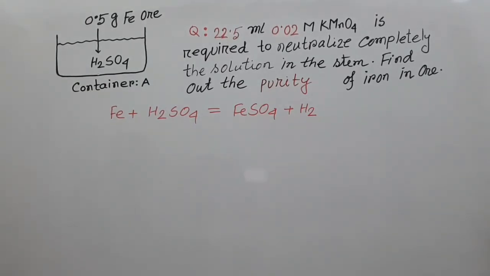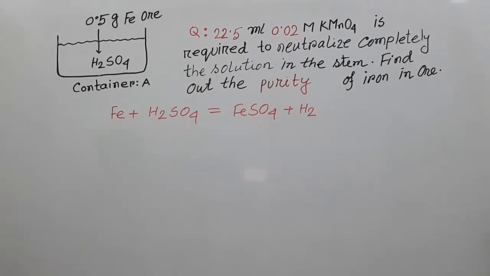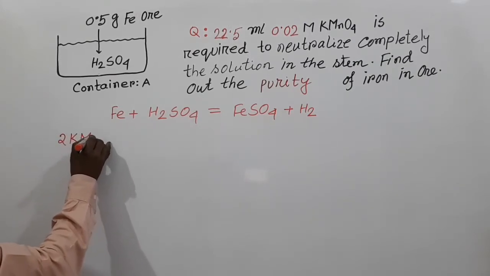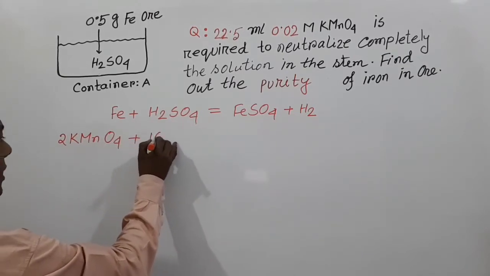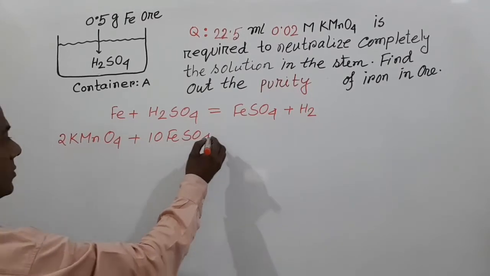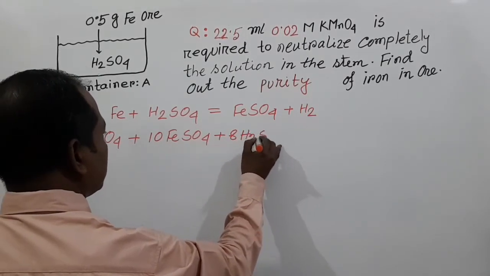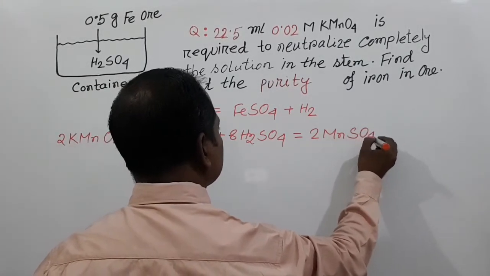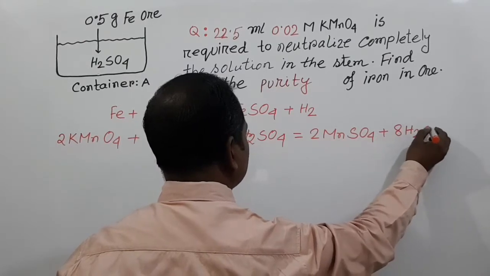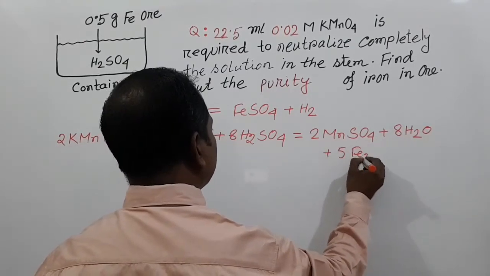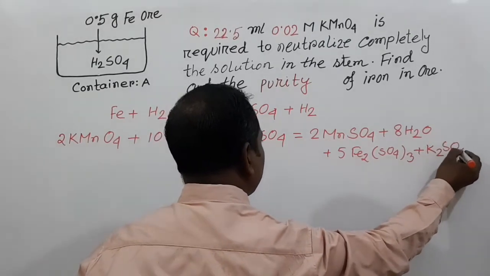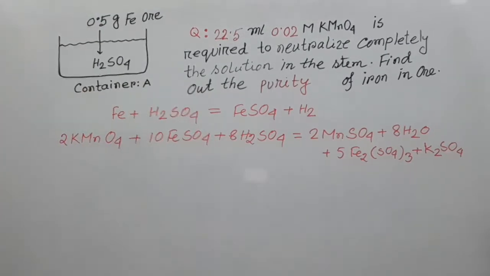Now, this ferrous salt is oxidized by acidic potassium permanganate: 2KMnO4 + 10FeSO4 + 8H2SO4 = 2MnSO4 + 8H2O + 5Fe2(SO4)3 + K2SO4. This is the main reaction, my dear students.